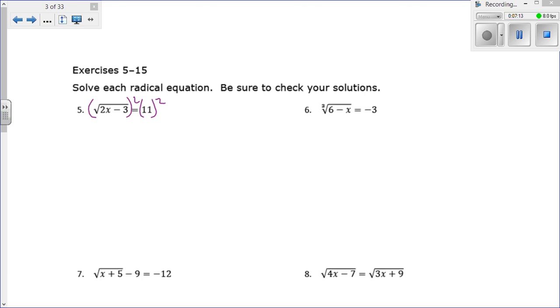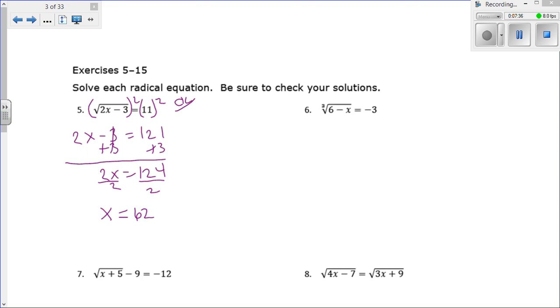So I will get 2x minus 3 equals, the square root of 121 squared is 121. Add 3. So 2x equals 124. Divide by 2. x equals 62.